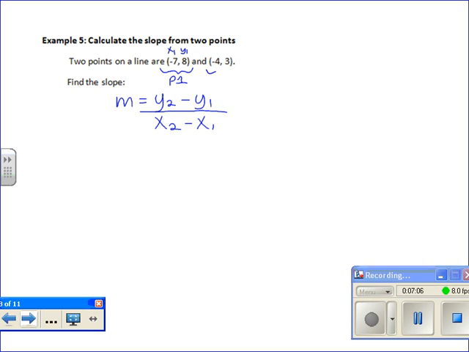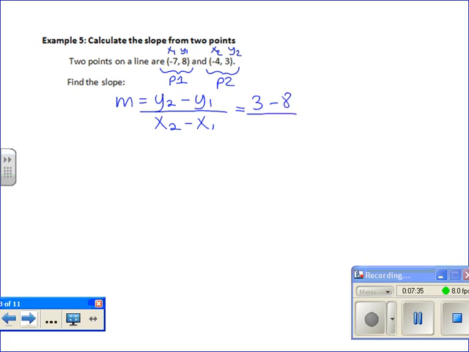If I call this point 2, just because it comes after the first point, then the x value here, the first number, negative 4, will be x2, and the second number, 3, will be y for point 2. So there's x2 and y2. Now we can go ahead and plug those in. So y2 is the y value for point 2, that's 3, minus the y value for point 1, which is 8.